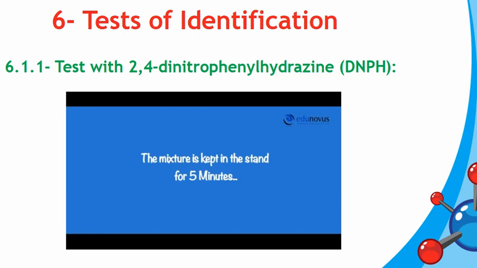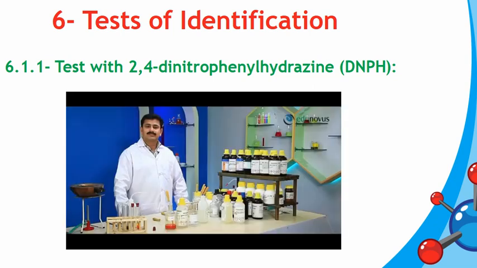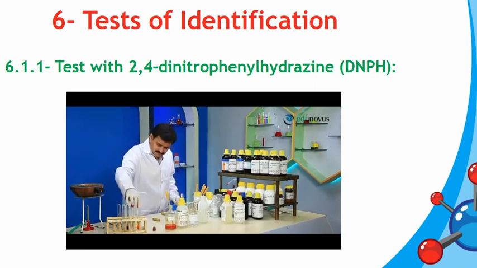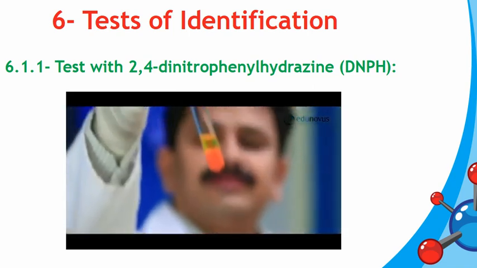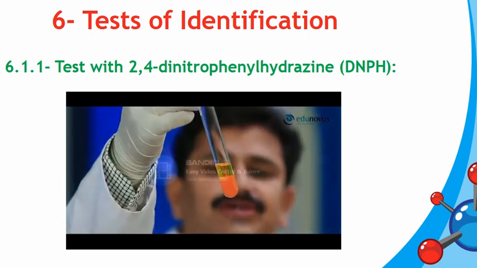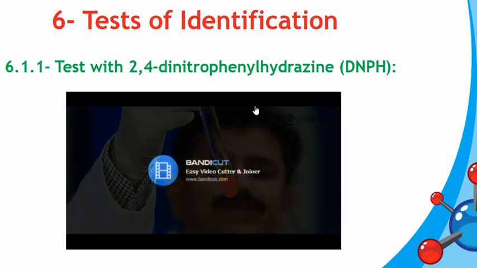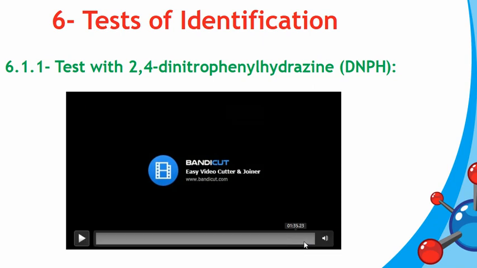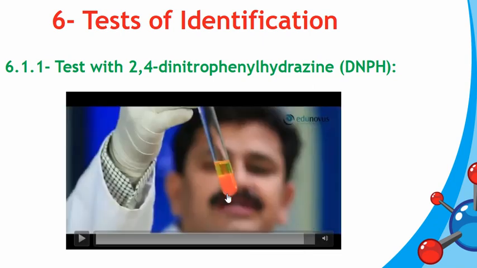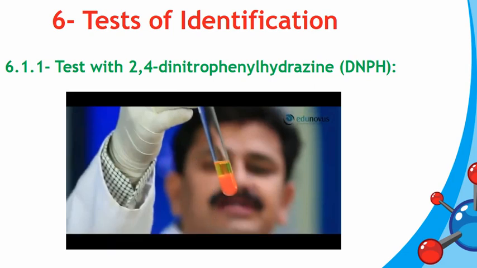After 5 minutes, we observe the formation of yellow-orange precipitate. This is the yellow-orange precipitate that indicates that the organic compound is a carbonylated compound, aldehyde or ketone.